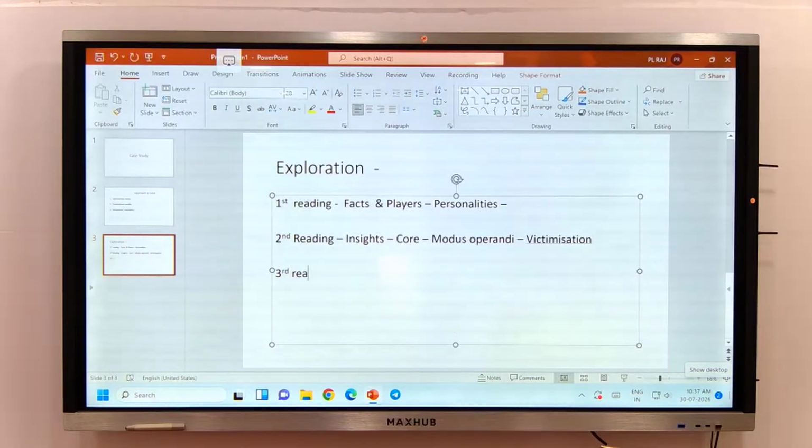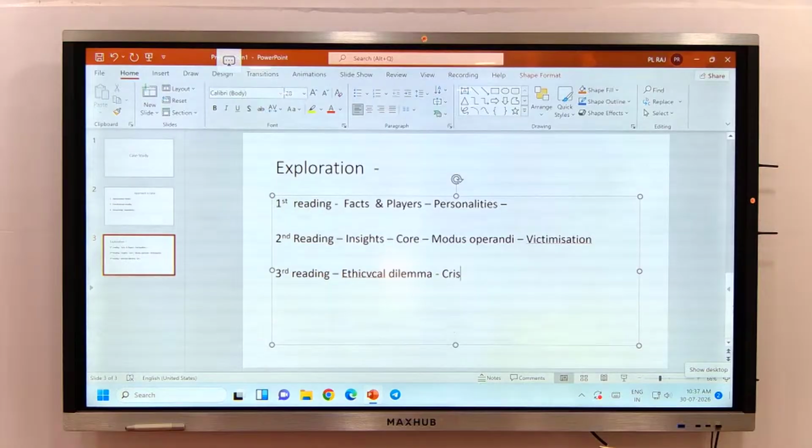The third reading is the conclusive reading of understanding the basis of the issue, whether it is an ethical dilemma, a crisis of conscience, a crisis, a collapse.